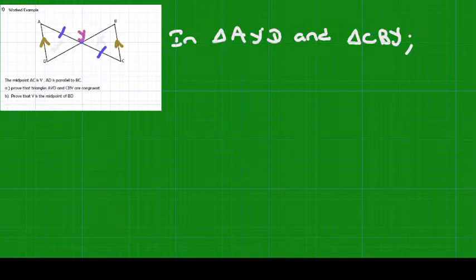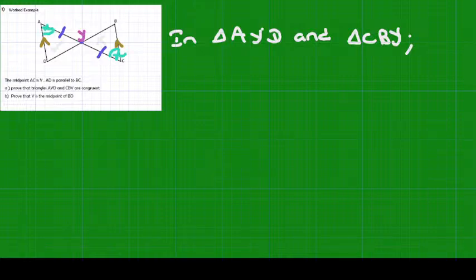So here we see a Z. Goes like this, goes like this, goes like this. So there's a Z there. So what does that mean? If this is X, this has to be X. When the lines are parallel, alternate angles are equal.